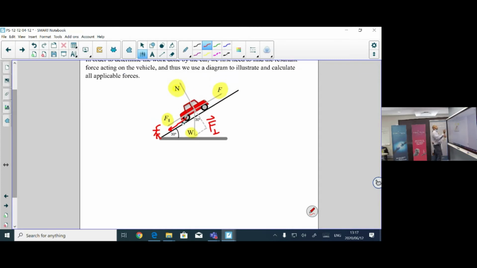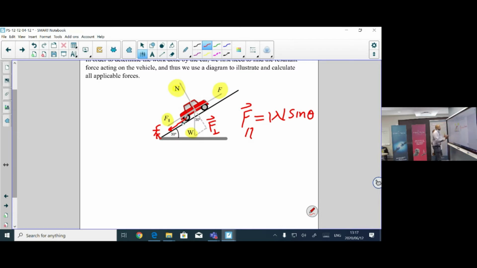Even though you are going to have this formula sheet at the back of your paper, let me write down the formulas. F parallel is equal to W sine theta.